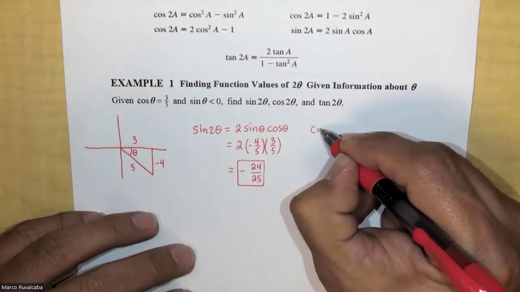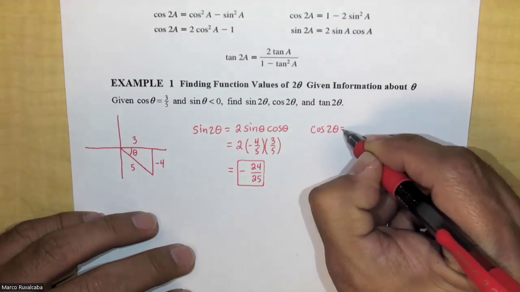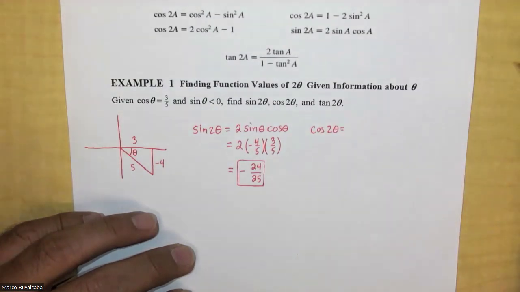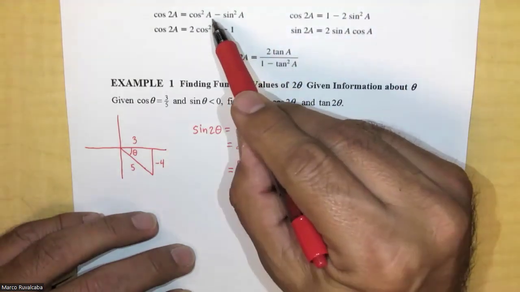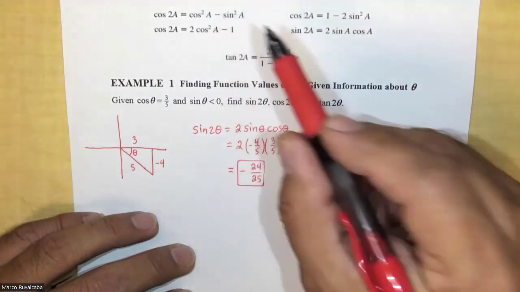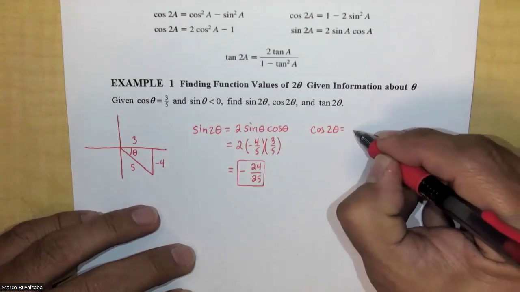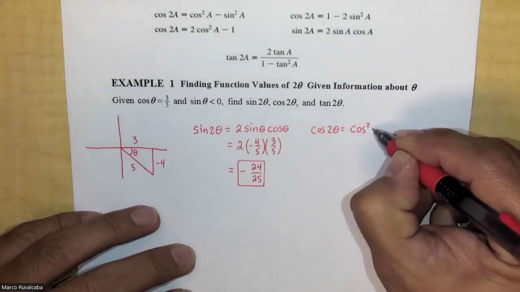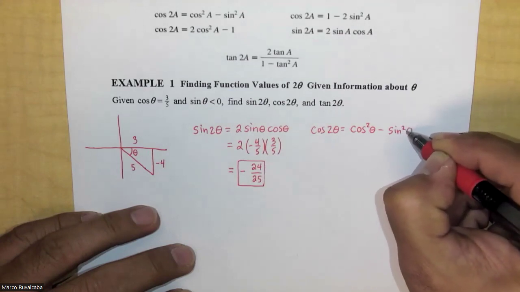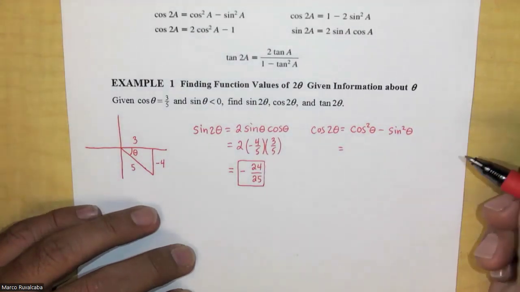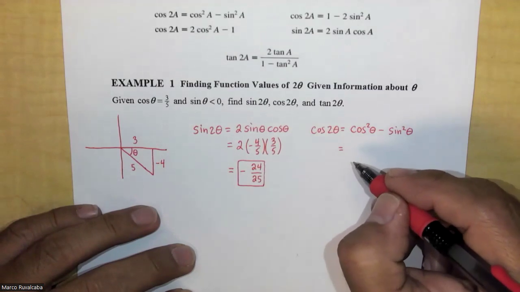Cosine of 2 theta, you can use this one or this one. I'll just use this one right here to make it a little bit different. So that'll be cosine squared theta minus sine squared theta. And then you plug in the values of cosine and sine.